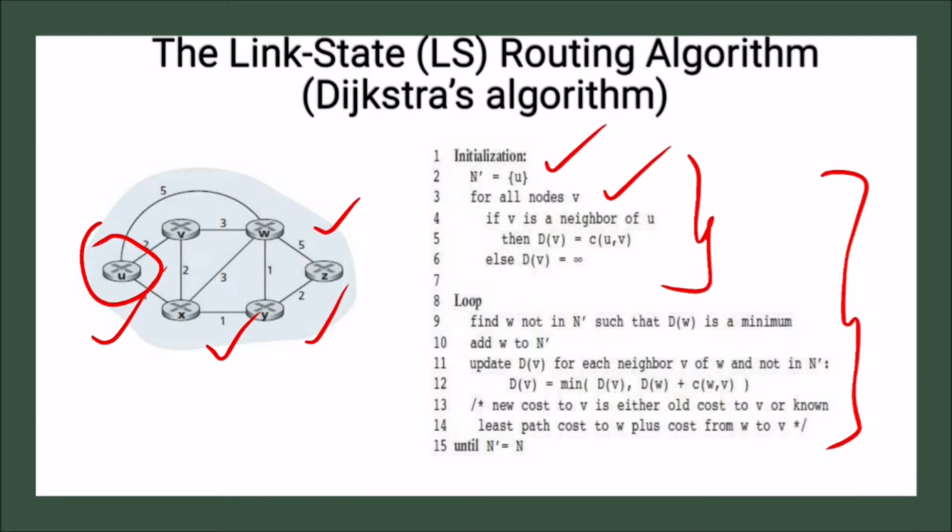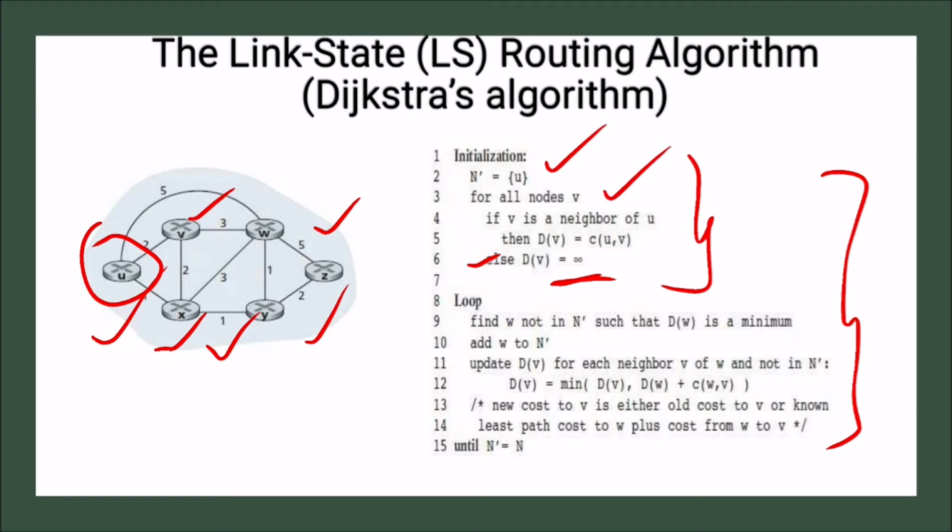For example, we take the node V. V is a neighbor of U, so the cost of U to V is 2. Then check X. X is a neighbor of U, so the cost of U to X is 1. Then Y. Y is not a neighbor of U, so the cost of U to Y is infinity because it is in the else part.